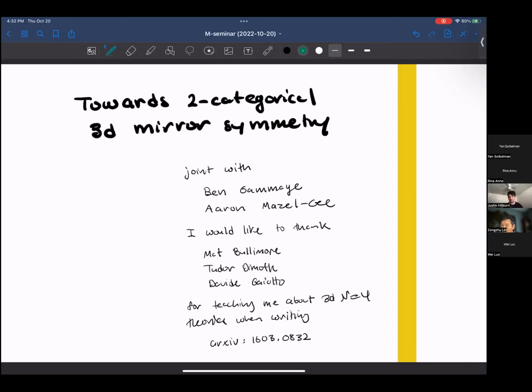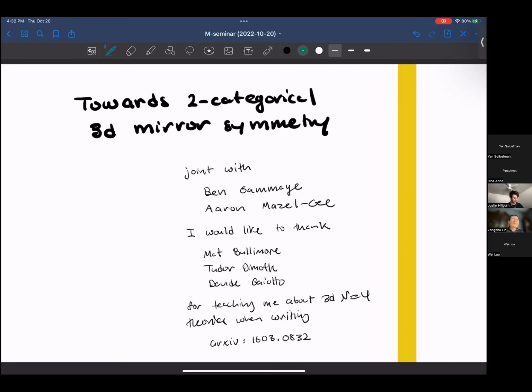Okay, and I just want to say that this is joint work with Ben Gammage and Aaron Mazel-Gee. This is math that's coming out of physics, and sometimes the physicists who are early on these things don't get all the credit they deserve.